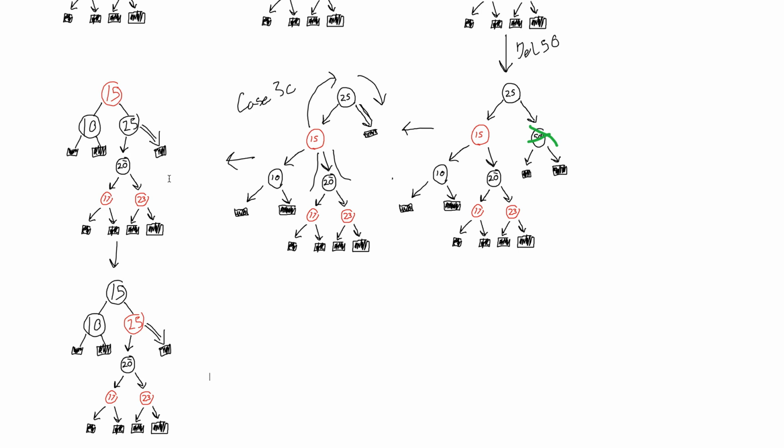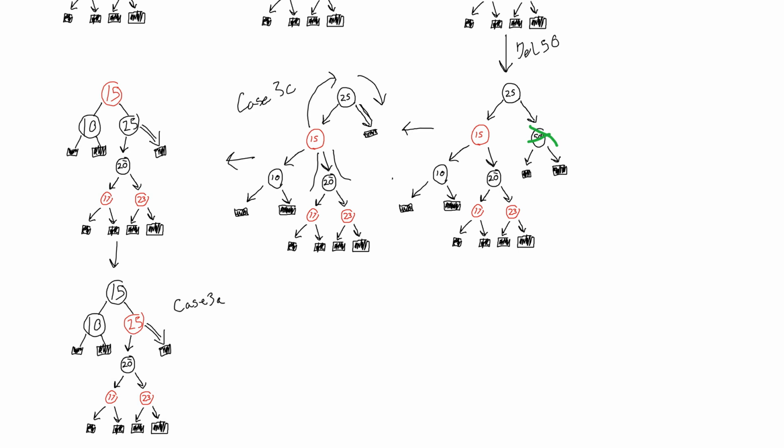If we look at the cases, case 3A actually says if the sibling of the double black node is black and has a red child, then we can partake in this one. So our double black is here, its new sibling is 20, and 20 has a red child. So this means that our new case that we're going to work with is now case 3A.